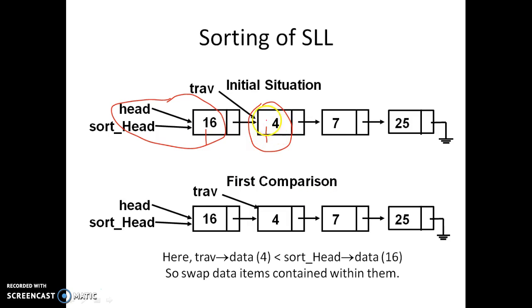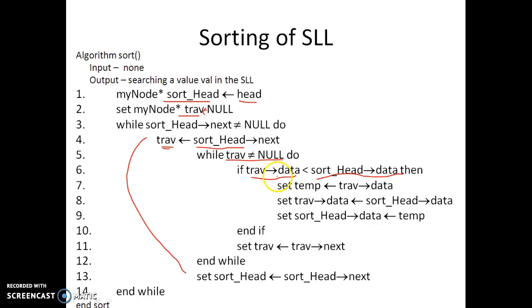Now in this case 4 is smaller than 16, so both are out of order and hence we are going to swap them. So this is what we have written here. Ultimately 4 goes to the first position, 16 goes to the second position.